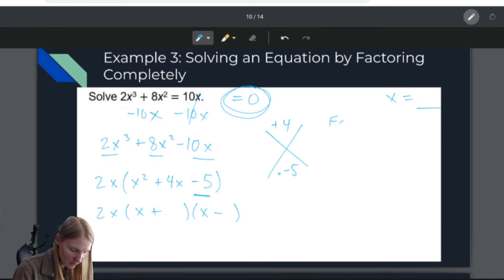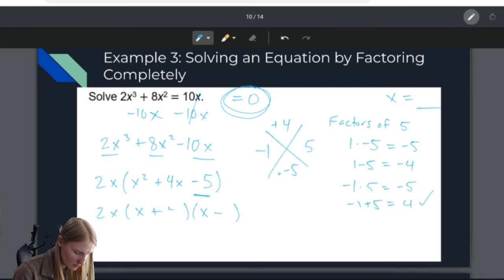Well, the only factors of 5 are 1 and 5. If we do 1 and -5, that gives us -4. So maybe we need -1 and positive 5. Yeah, there we go. So we have -1, +5, so x plus 5, x minus 1.